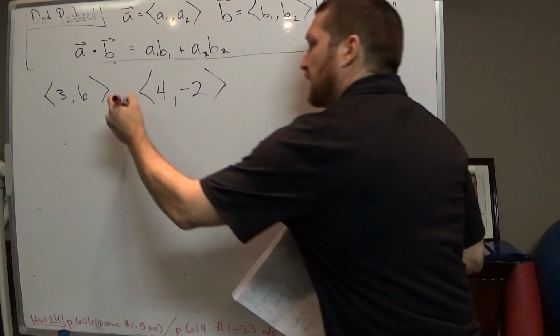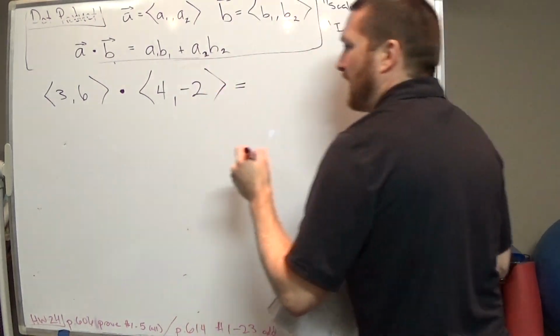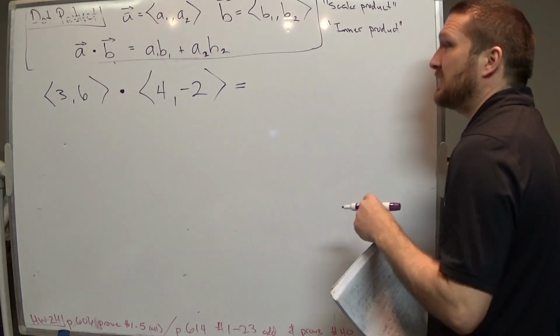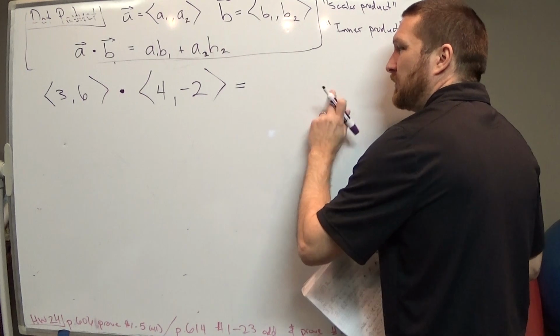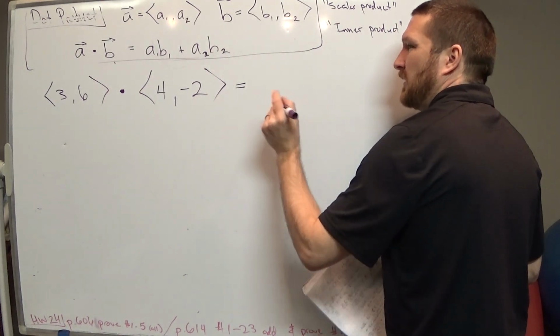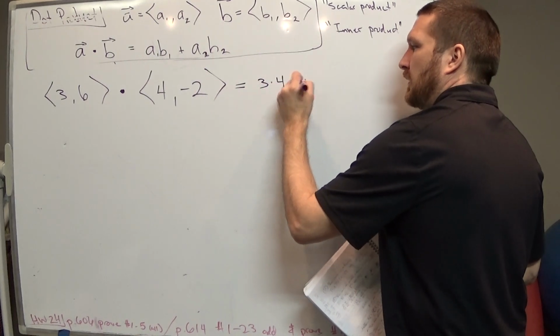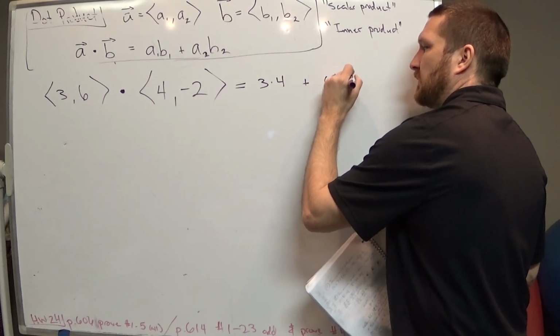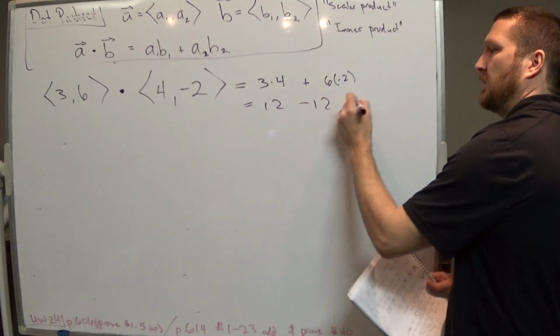So if I dot these together and they come out to 0, then that's what it means to be orthogonal? Yes. So how do I compute this? 3 times 4 plus 6 times negative 2. So that's 12 minus 12 is 0.